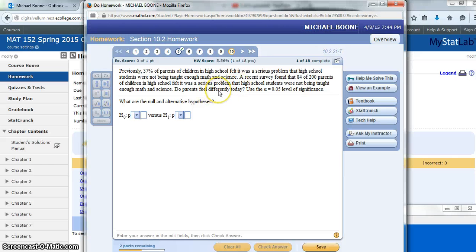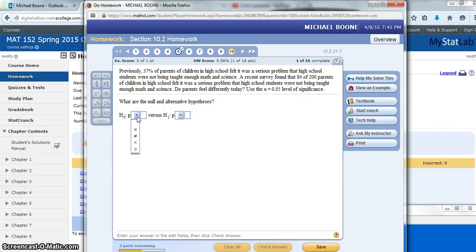Do parents feel different today? So this is what it was in the past, 37%. And now it's whatever this proportion is, 84 out of 200. So is that different enough to 37% to say that we think that parents feel differently?